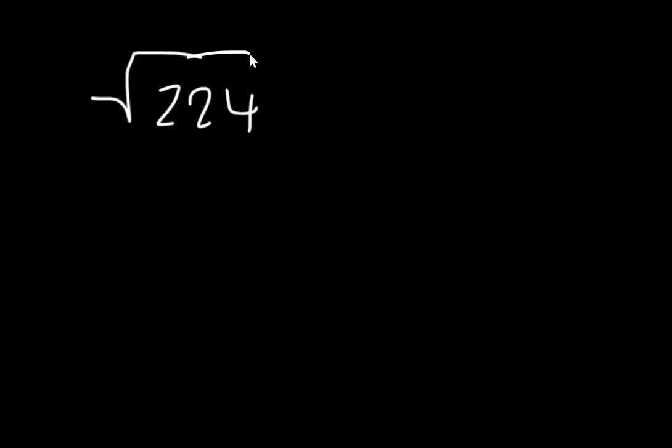This may require you to do some prime factorization if you can't immediately see the perfect square inside. The answer to this is 4 times the square root of 14.